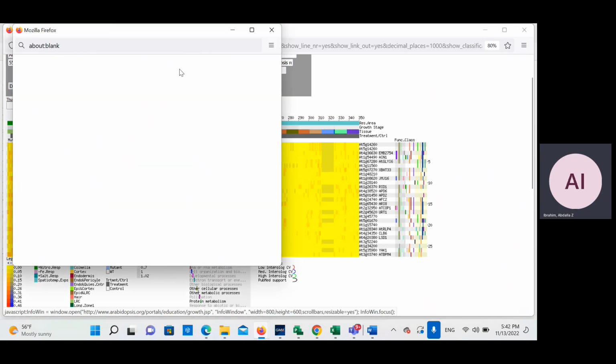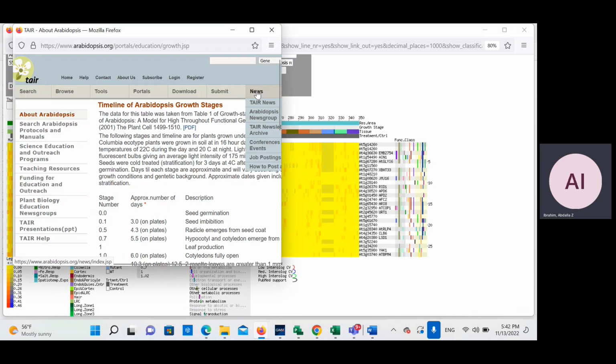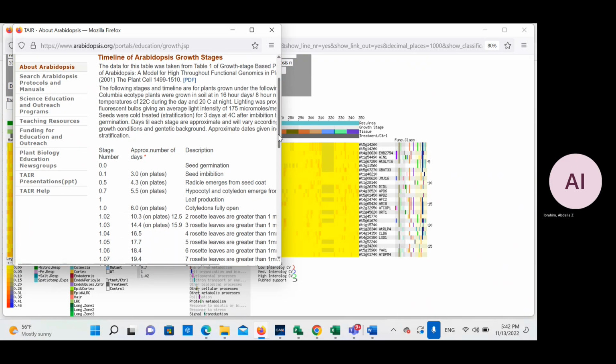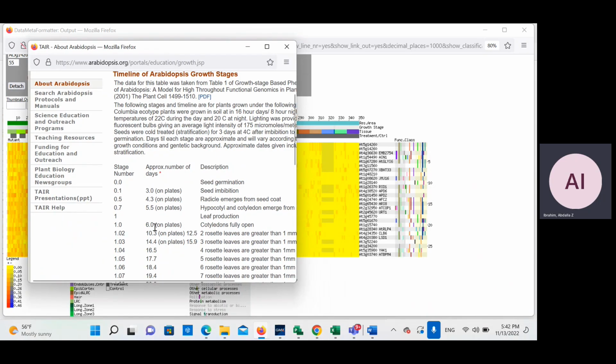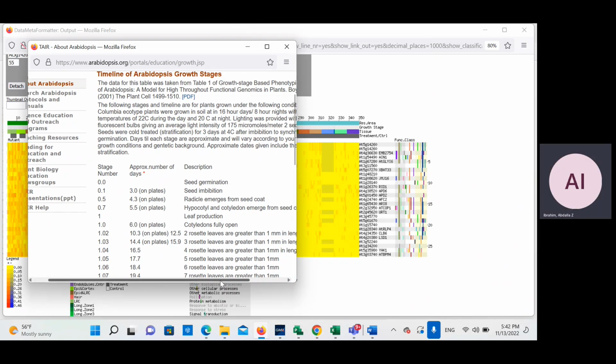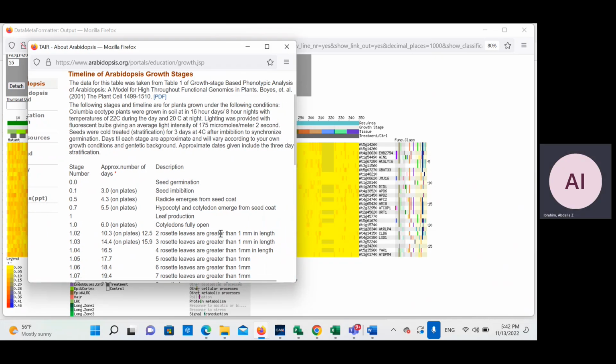So 1.2 talks about the leaves. Is it 1.2 or 1.02? 1.02 means second rosette leaves that are greater than 1 millimeter in length. So the rosette leaves, like those leaves in Arabidopsis, the bottom leaves.